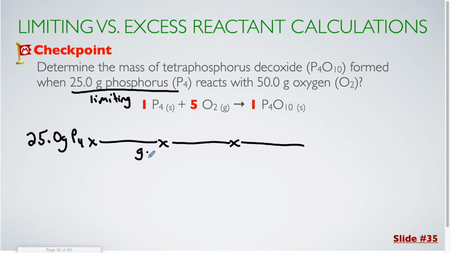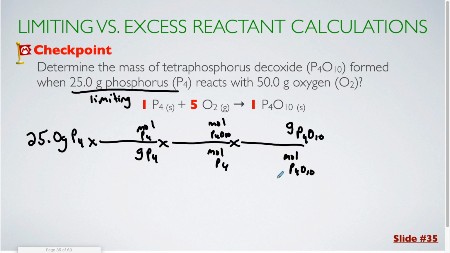So I have grams of P4 to moles of P4, then moles of P4 out to moles of P4O10, and then moles of P4O10 to grams of P4O10. 1 mole is equal to the molar mass. We already added that up before.